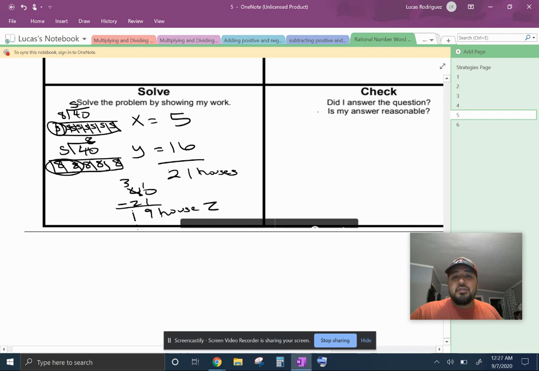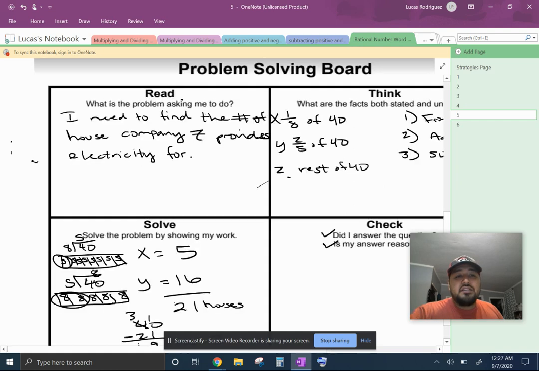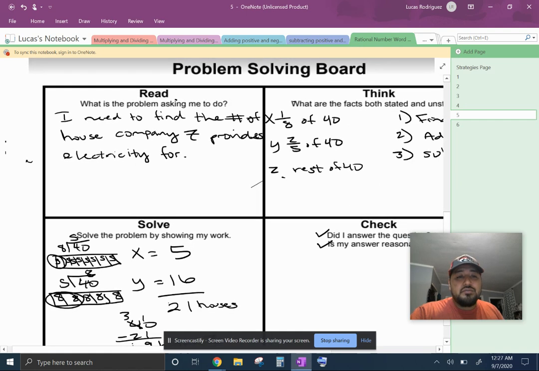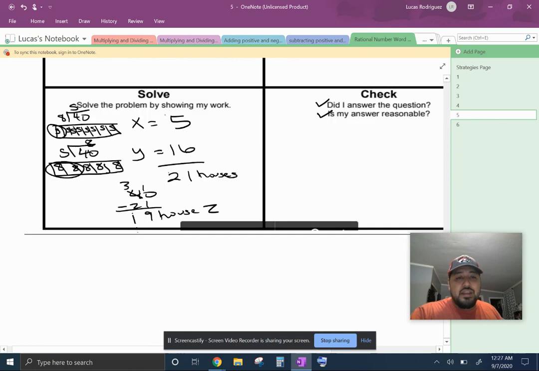So is my answer reasonable? Yes, because it's less than 40. Did I answer the question? Let's see. I need to find the number of houses Company Z provides electricity for. Well, I had Company X and Company Y, and I found the difference between these two companies together and 40, which was 19.